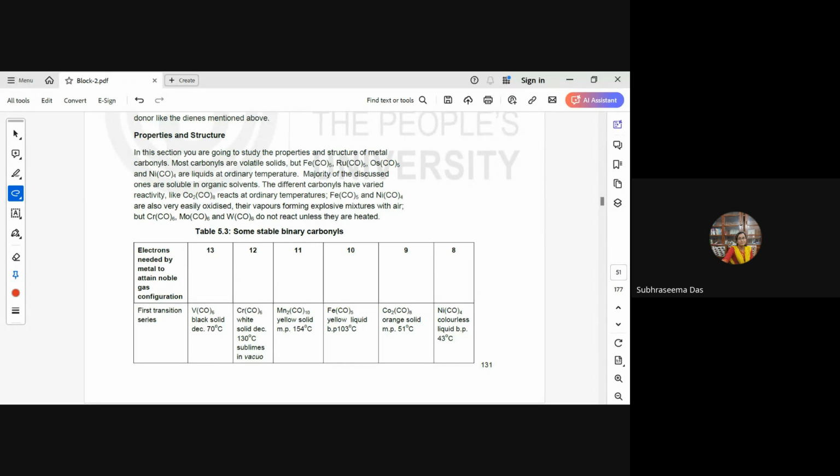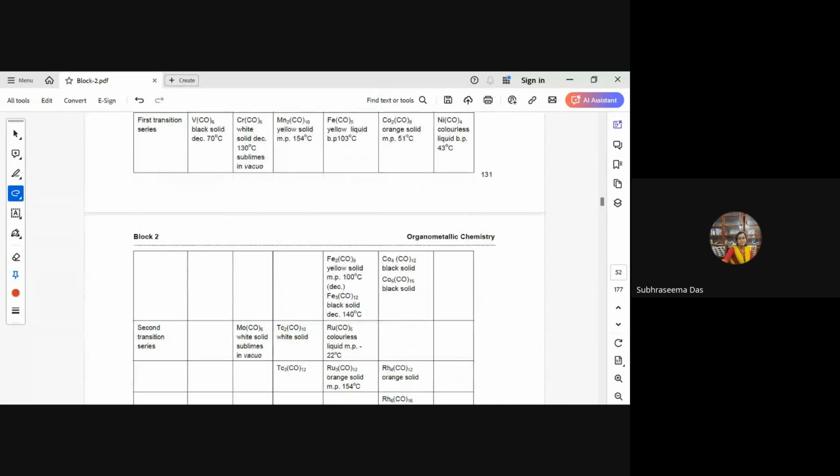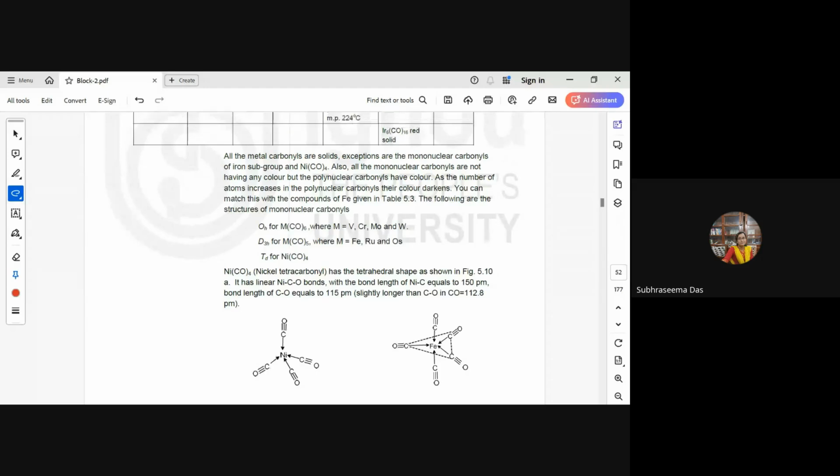Fe(CO)5 and nickel tetracarbonyl are also easily oxidized. In table 5.3, some of the common properties of stable binary carbonyls are listed. All metal carbonyls are solids, the only exceptions being the mononuclear carbonyls of iron and nickel tetracarbonyl. All mononuclear carbonyls are colorless, but polynuclear carbonyls are associated with some color.